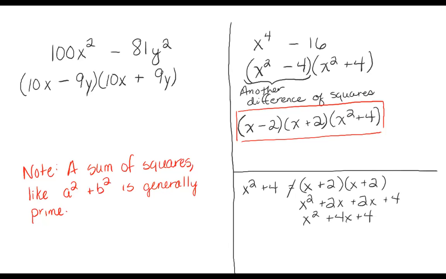Okay, so now we're going to do one more scenario. And this is factoring for a difference of cubes and factoring for a sum of cubes. And these are a little bit harder to remember.